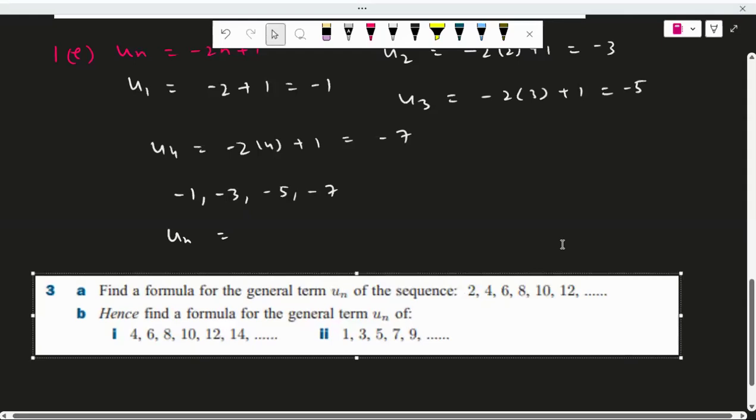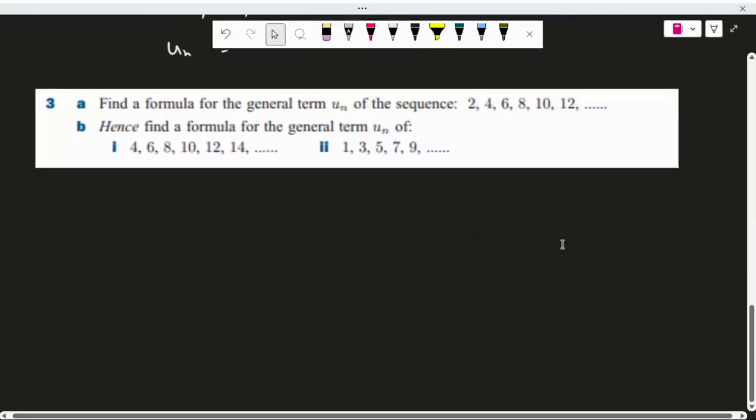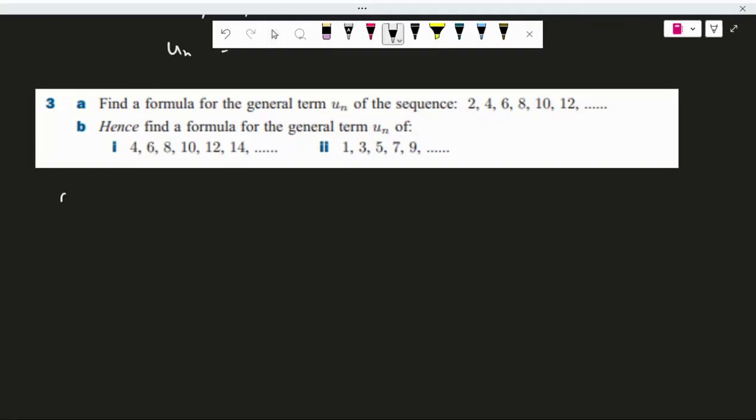This is the third question. Find a formula for the general term Un of the sequence. You tell me, what will be the Un? A part.